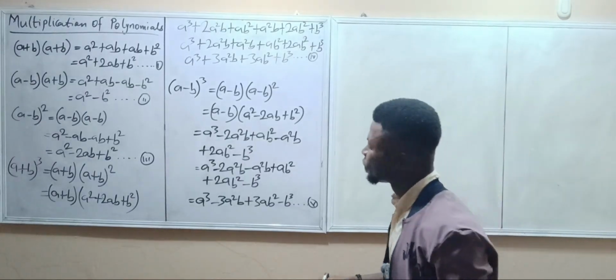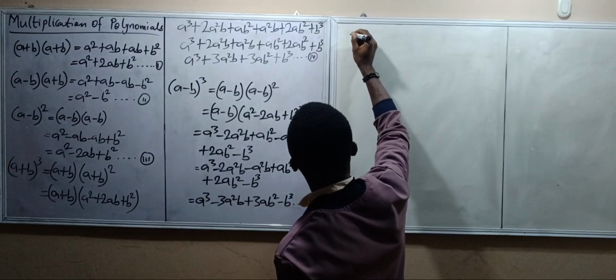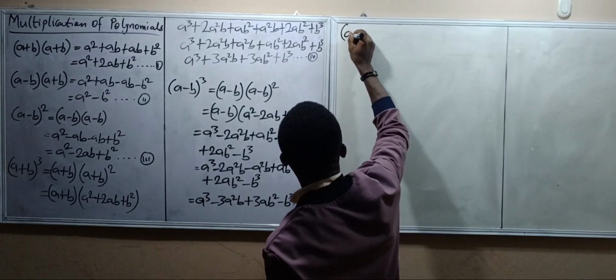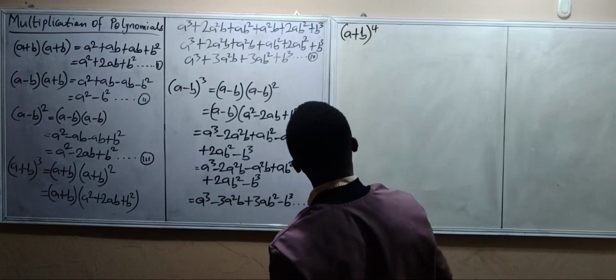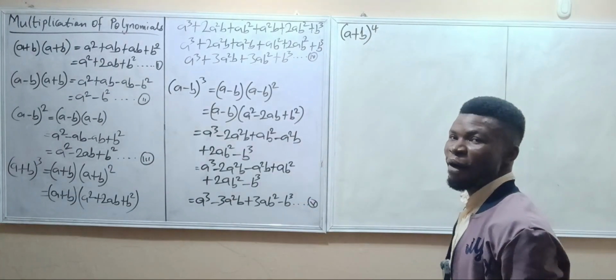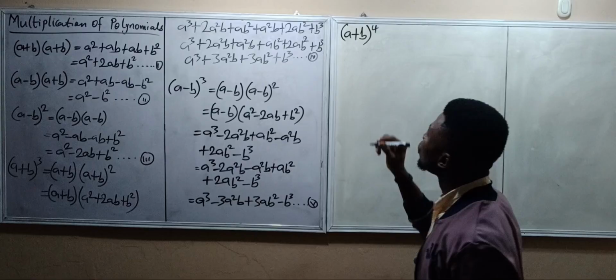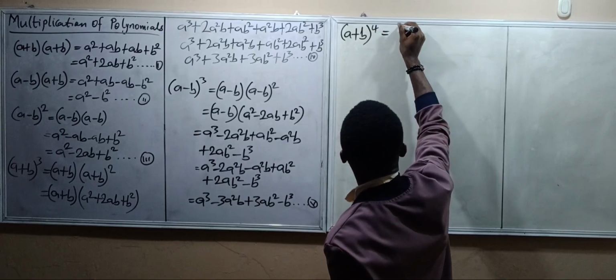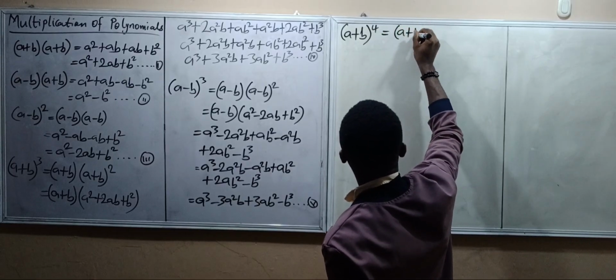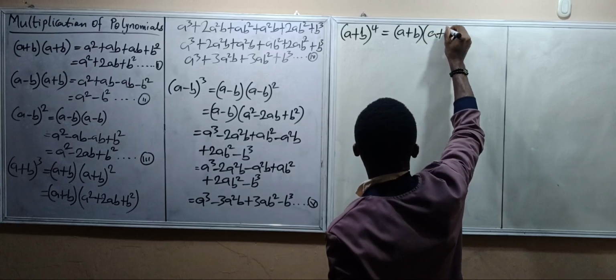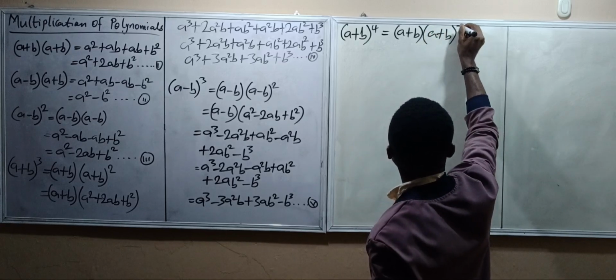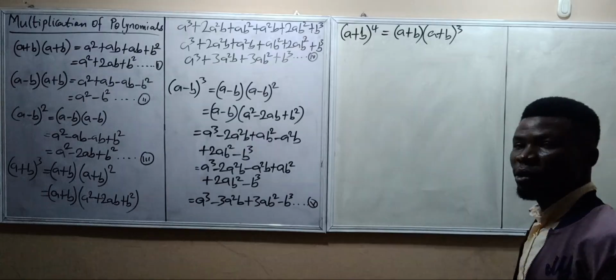Okay, now what if it is (a + b) all to the power of 4? So this is the same thing as (a + b) into (a + b) to the power of 3, right?